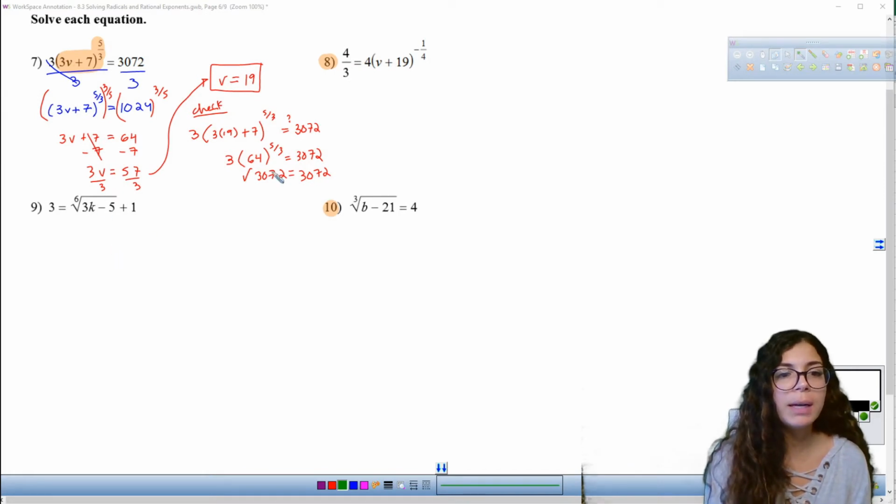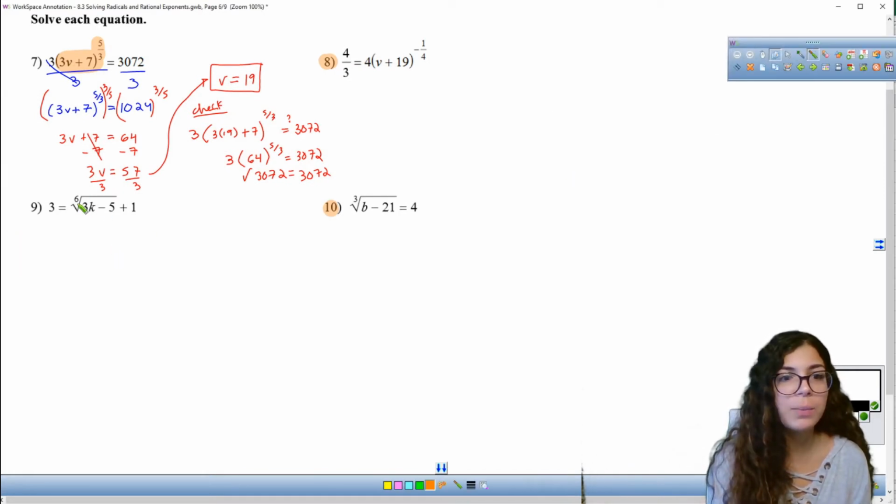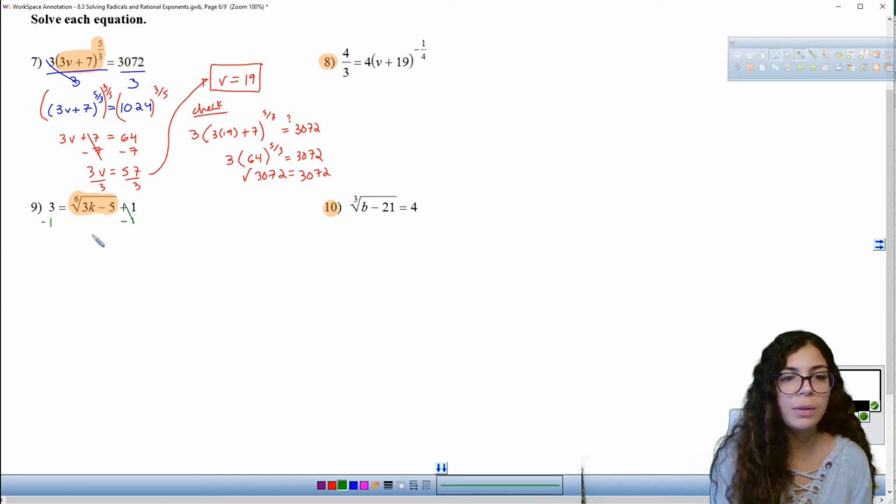So on number 9, again, we have a radical. Now, this radical is not by itself, right? We have a 6th root, and then we have a plus 1. So we need to subtract the 1 to bring it to the other side so that we can get the 6th root of 3k minus 5 by itself. 3 minus 1 is 2, so now we have the radical isolated.